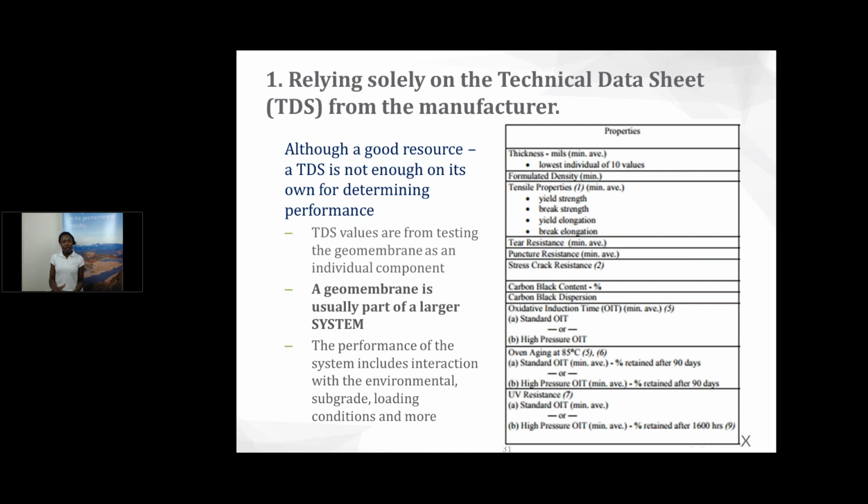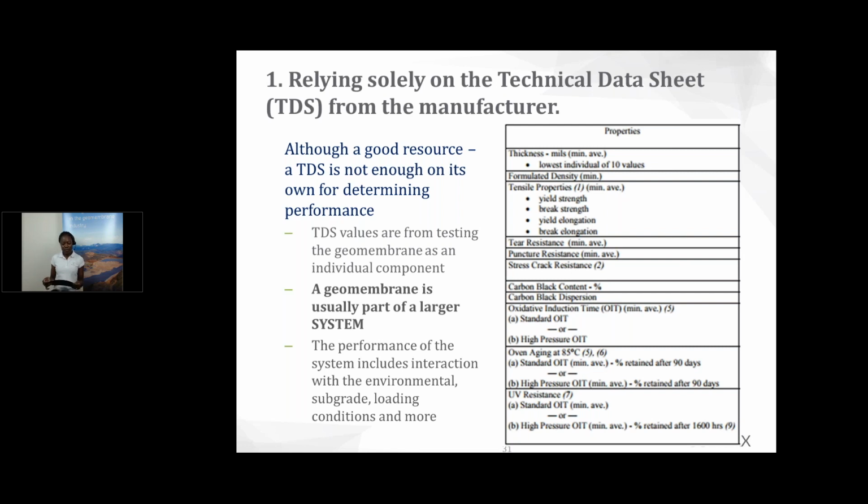Another reason why it's not good practice to just rely on a manufacturer's technical data sheet as it is, is that there are some marketing tricks and gimmicks that you can find on technical data sheets. There's a lot of play on numbers sometimes, and a lot of play on the test methods too.